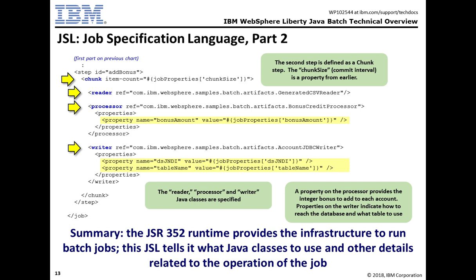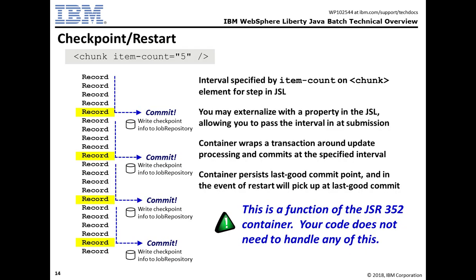You can also identify certain exceptions that you want to handle specially. Suppose your reader reads a record and says, oh, this record's badly formed. It could throw a bad record format exception, and you can have logic in the JSL that tells it that I want to skip this record and just keep going, and so the reader will just get called again to go read the next record.